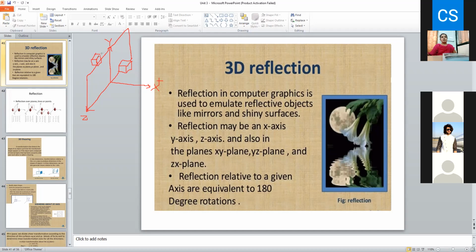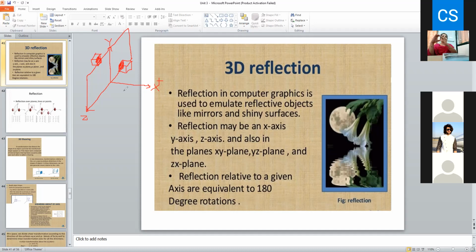What is this face? Can you tell me? Which face will this be? The face which is pointing towards the plane. Okay, when the mirror is in between and you have two objects, or one object and its reflection, the fingers will be pointing like this.